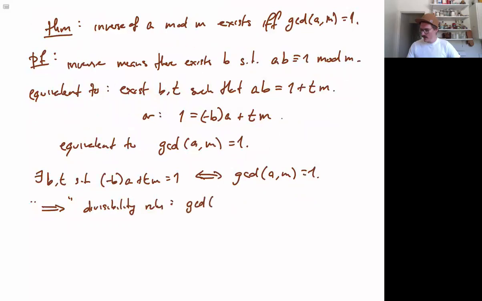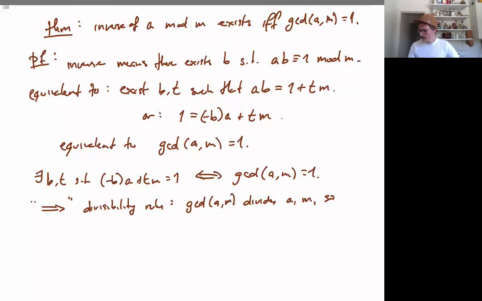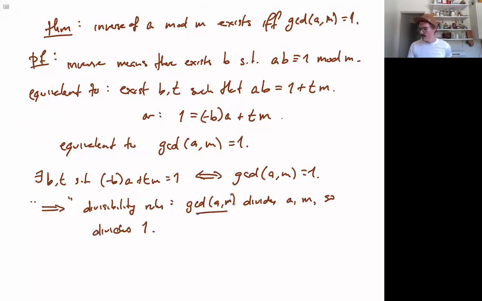The GCD of A and M divides A and it divides M. So by our divisibility rules, it divides this whole thing. And if your GCD divides 1, it must be 1. It can't be smaller.